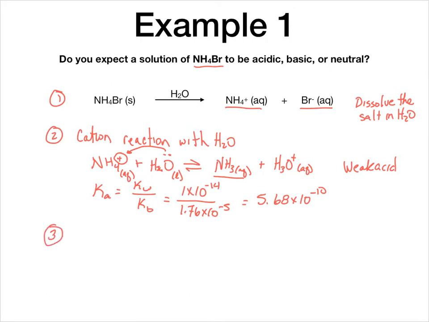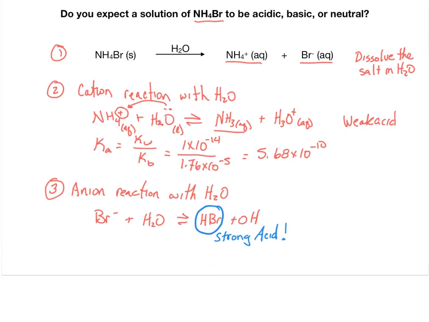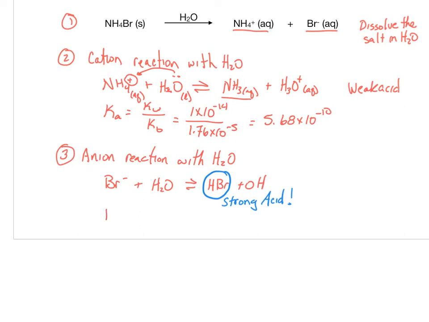Now that I know how my cation reacts with water, I also need to figure out how my anion reacts with water. My anion in this case is Br minus plus H2O, and if it reacts, it would form HBr plus OH minus. But remember that HBr is a strong acid, which means this reaction does not happen.